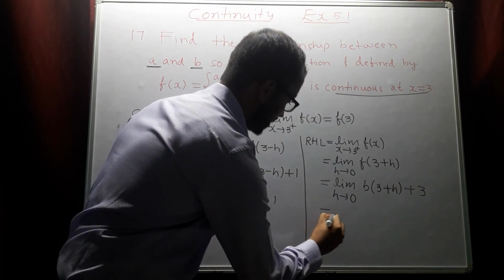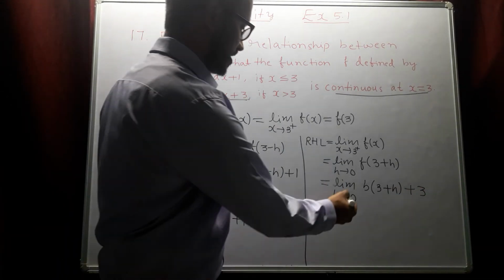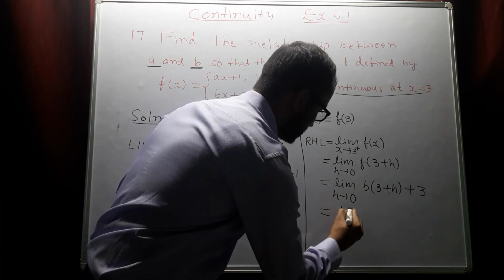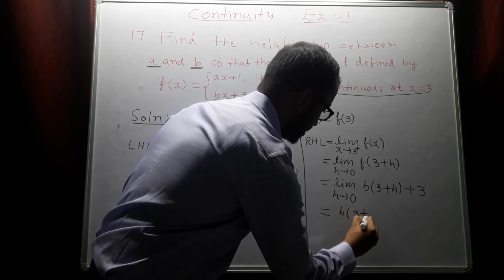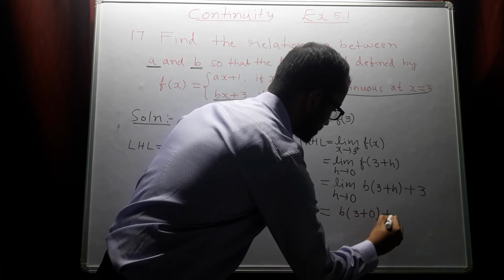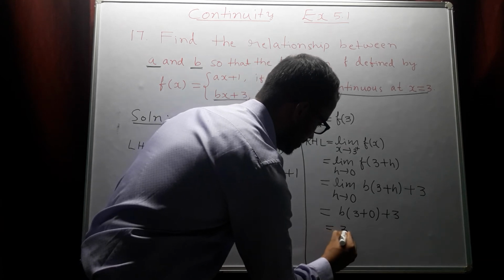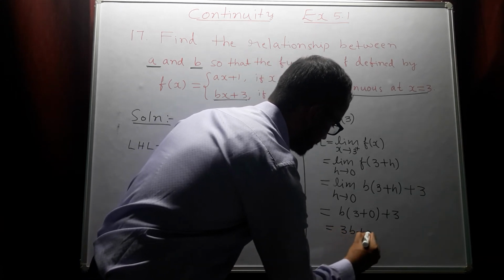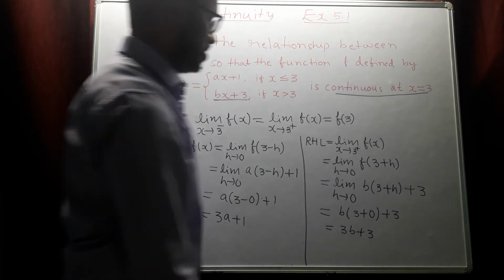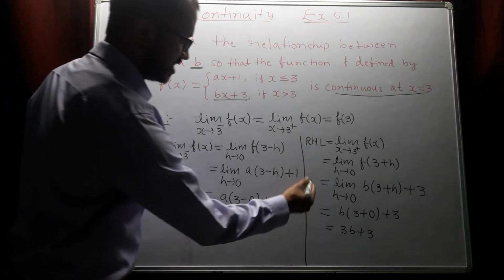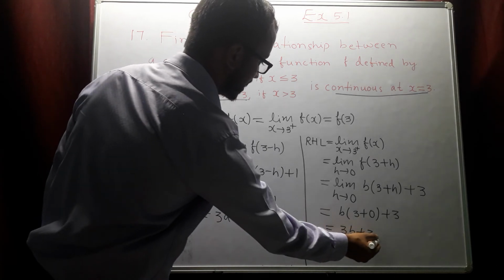Now substituting the limit, replacing h by 0, we get b into 3 plus 0 plus 3, that is equal to 3 into b plus 3. So left hand limit is 3a plus 1 and right hand limit is 3b plus 3.